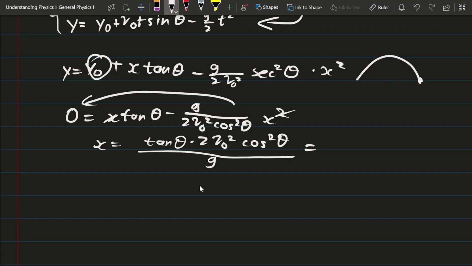And this would obtain v0 squared sine 2 theta over g. Basically sine 2 theta is sine theta from here and cosine theta here, and where's the over cosine theta and where's the other cosine theta? They cancel each other out. So this is our range. This is our horizontal range for this projectile.